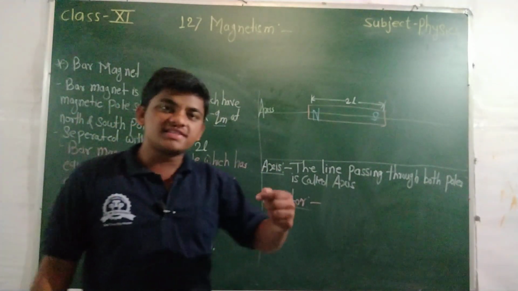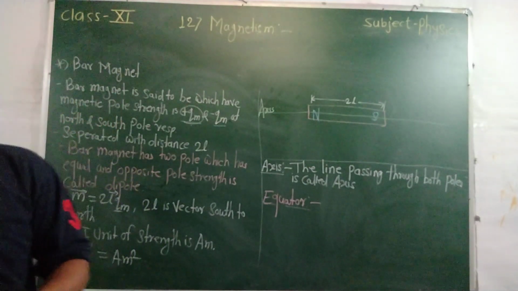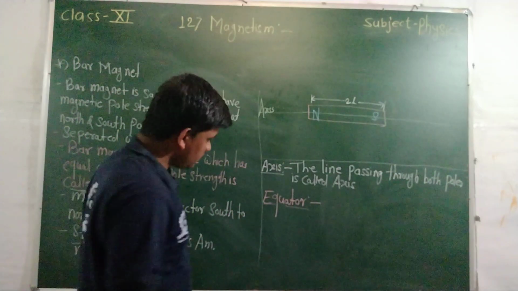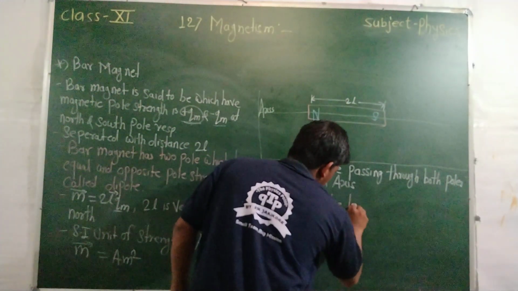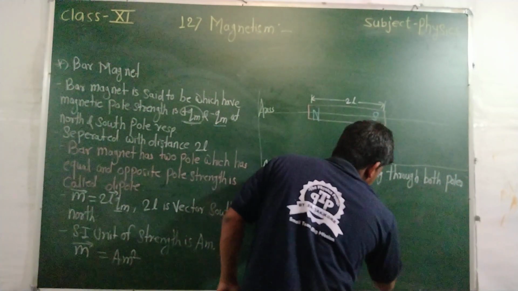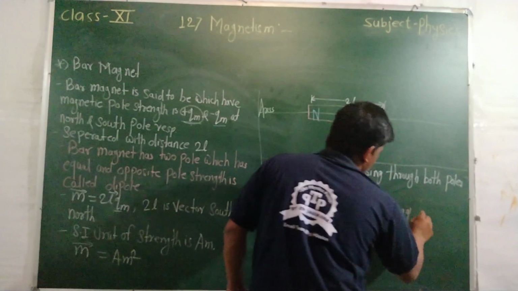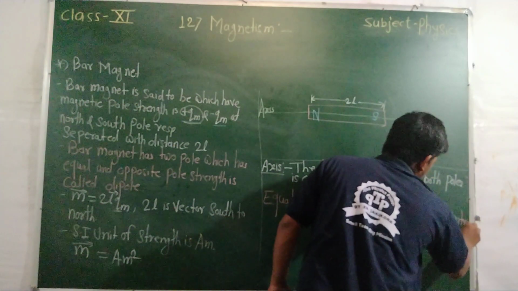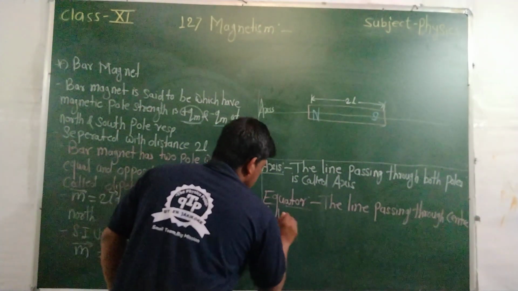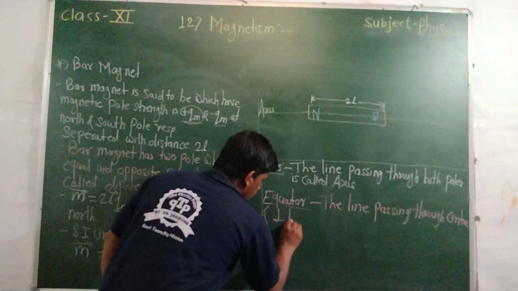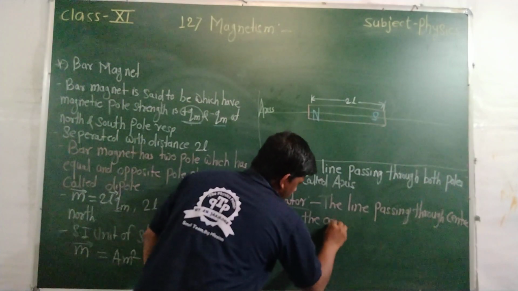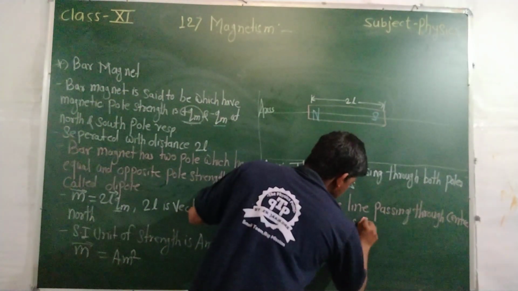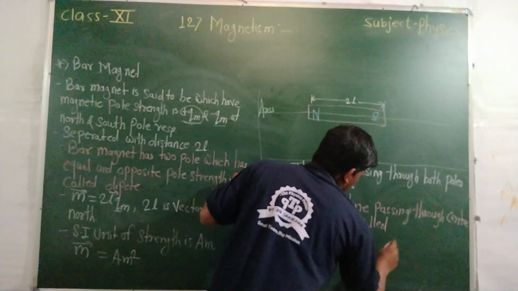The line passing through the center of the magnet and perpendicular to the axis is called the equator. The axis is the line passing through both poles, and the line perpendicular to the axis through the center is called the equator.